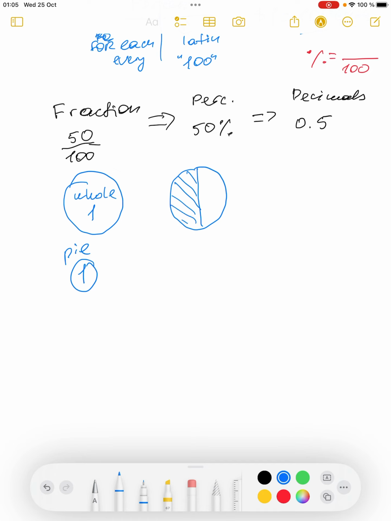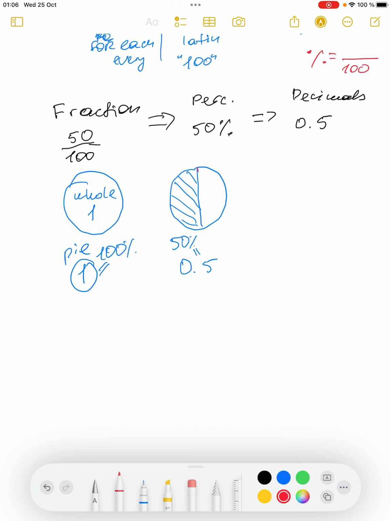So this is 50%. 50% from 1 is 0.5. So it's the same thing. You can write it as 100% or 1, or 50% as 0.5.